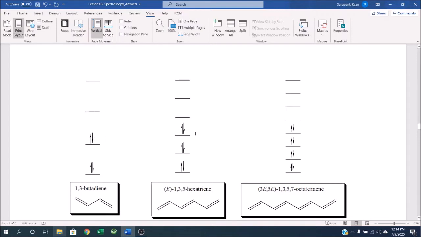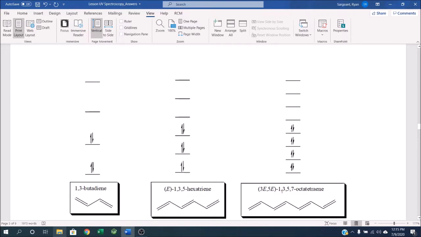When I shine UV light on this molecule right here, the most probable event is that at some wavelength, a photon will cause one of the HOMO electrons to pop up to the LUMO, and for this third compound, at some wavelength, a photon will cause the HOMO-LUMO transition that we've seen over and over again. The important thing is that that wavelength changes depending on which of these 3 molecules it is.